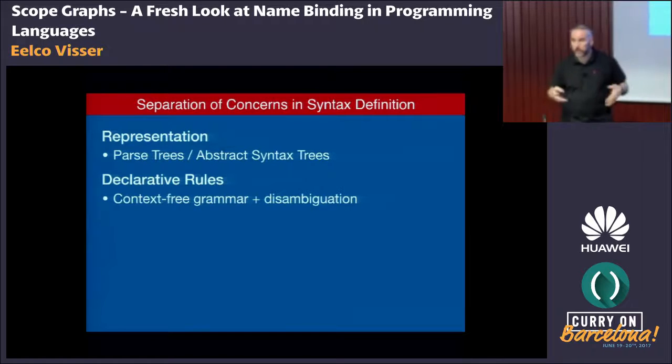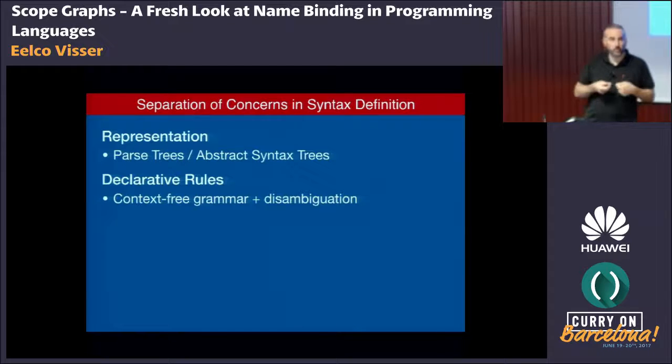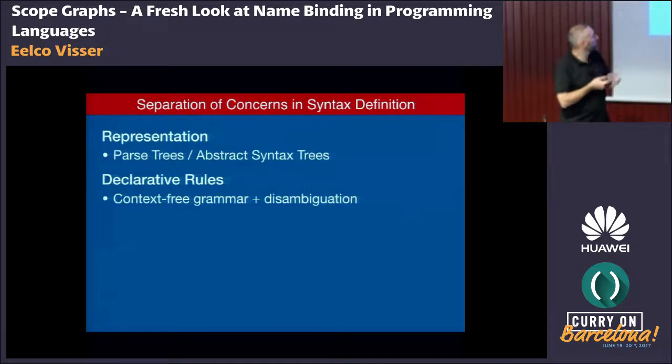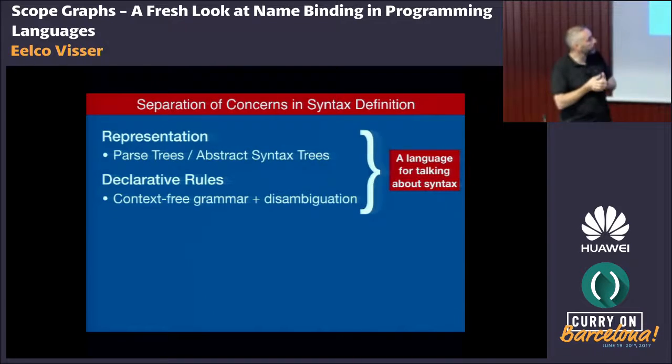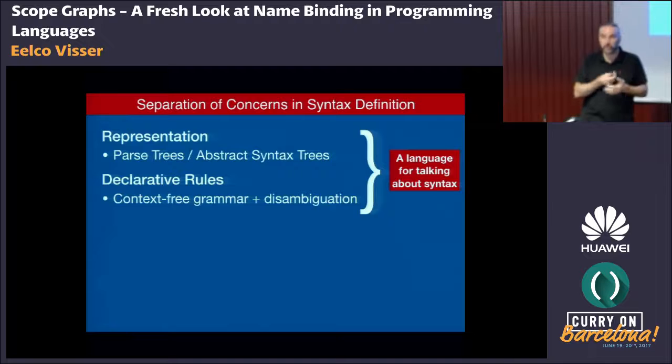And then we have a formal notation for achieving these things. So we write down context-free grammars and maybe disambiguation rules, and that gives us all we need to define the syntax of our language. Right? So these notions give us a language for talking about syntax. So it's the concept that we can use to exchange information about the syntax of a programming language.